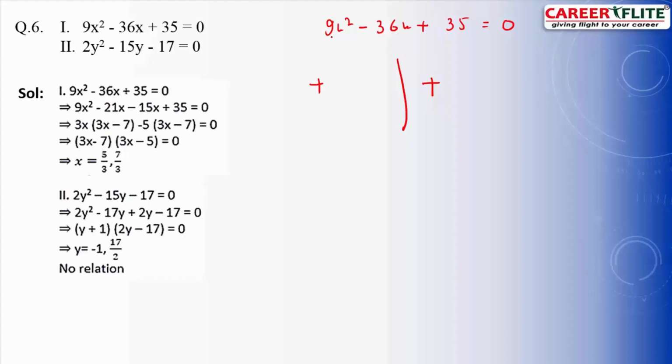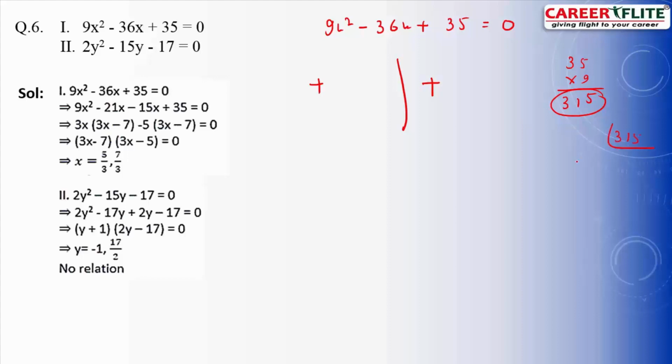Now for finding the roots, multiply 9 into 35. 9 5s are 45, 9 3s are 27, that makes 315. Now divide 315 in such a way that the addition or subtraction becomes 36 and the multiplication becomes 315.